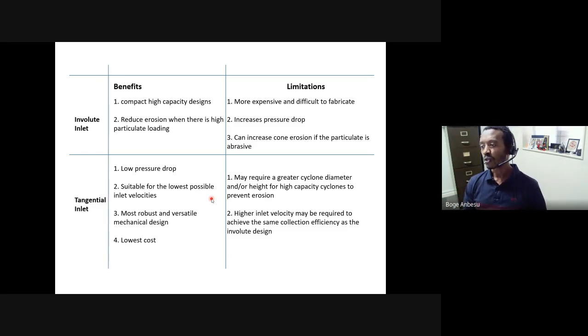And of course, lower capacities in comparison to the involute. As I mentioned, they're very common in many places. People just use tangential inlets as their cyclone feed, mainly because they're lower in design and in cost as well, and that can be taken as one of the advantages of the tangential inlet.